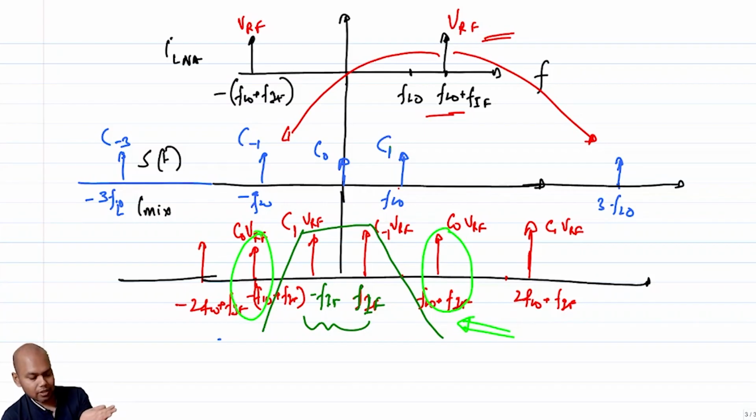So the first tone that we have to deal with is this one, which is at least slightly further away, 1 FLO away. So I can probably get away by using a shallower filter, or even if we use the same kind of filter, I'll get a decent amount of rejection of these sidebands. Okay, so the next thing to discuss is how do we go about getting rid of C naught.